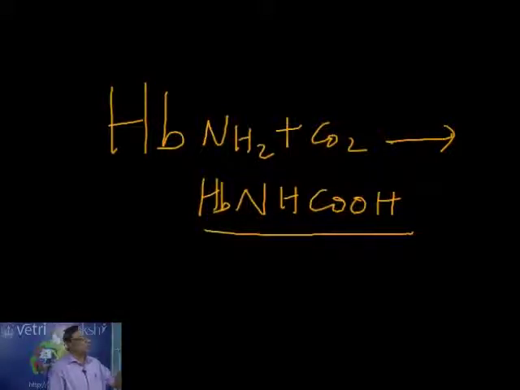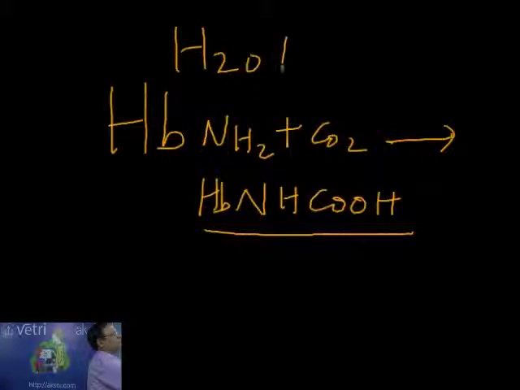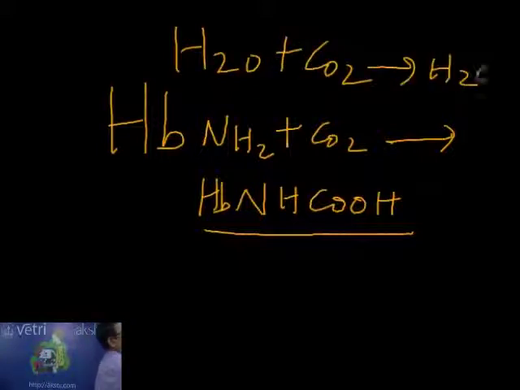So the globin part, the protein, contains the amino group, which combines with carbon dioxide and is transported as carbaminohemoglobin. 7% is normally transported in dissolved state as carbonic acid, for example, water plus carbon dioxide forming carbonic acid.